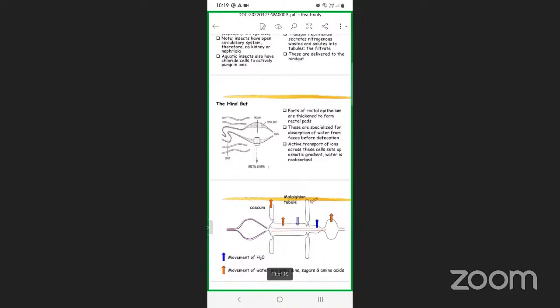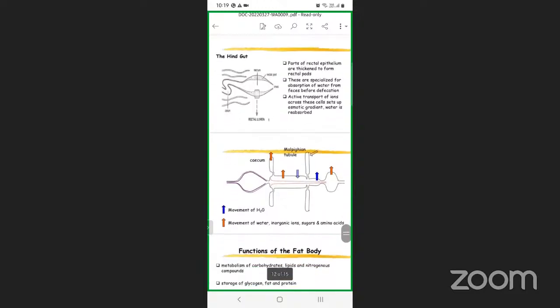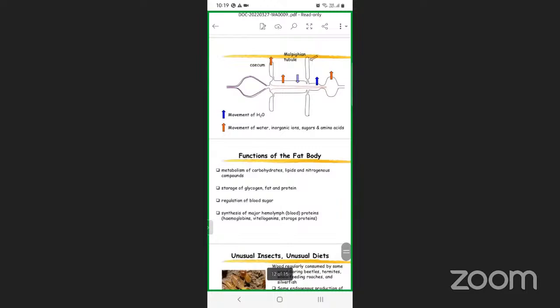We see the movement of water, inorganic ions, sugars and amino acids. And this is where the metabolism of carbohydrates, lipids and nitrogenous compounds takes place.